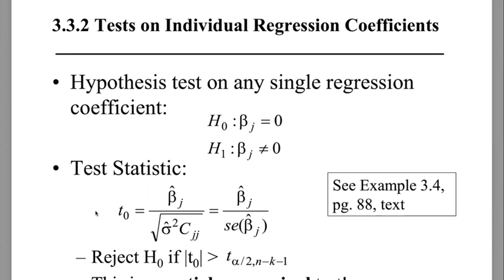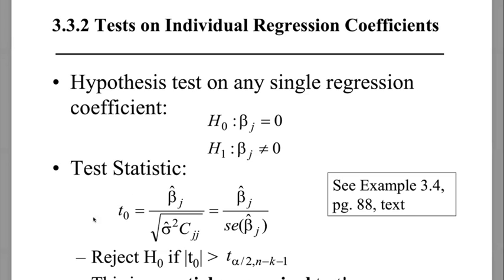If you're using computer software, in many cases the tests for the individual slope coefficients or the individual explanatory variables would be shown as t-tests, but you can also do them as an f-test. But let's look at this particular t-test.